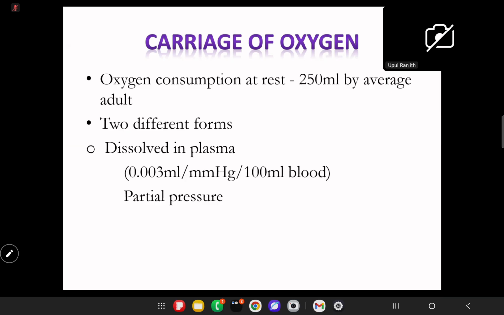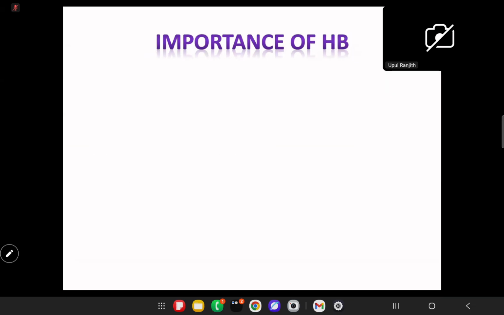The actual volume in 100 ml of blood is a very minute amount. So with this, you can't supply 250 ml per minute, right? The other form is oxygen bound to hemoglobin, which is more important for the carriage of oxygen.